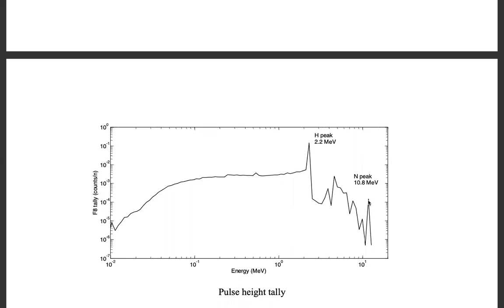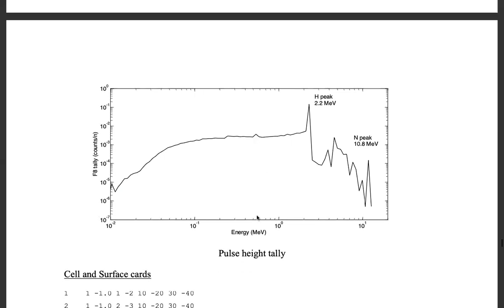So this is my nitrogen peak, 10.8. This is my hydrogen peak. So what I have to do in a simulation is to see how many counts I get from hydrogen, how many I get from nitrogen. Then there are other factors which need to be considered, like the detector efficiency, the solid angle, and so on. So it's a big study, but what you need is the F8 tally over here, which Monte Carlo does have.